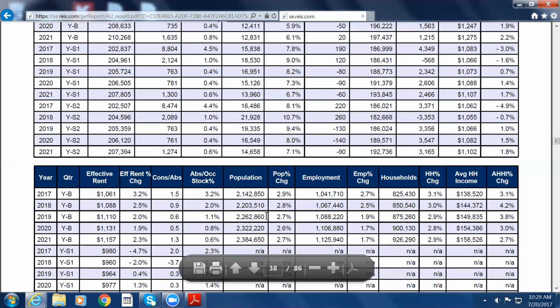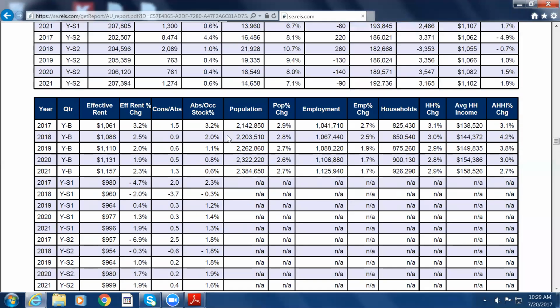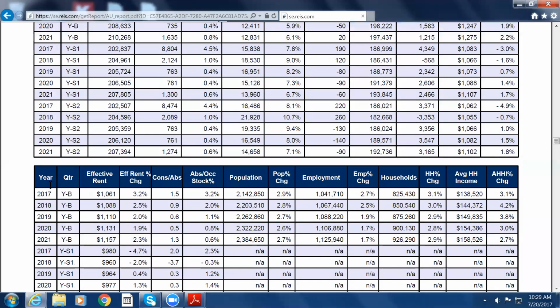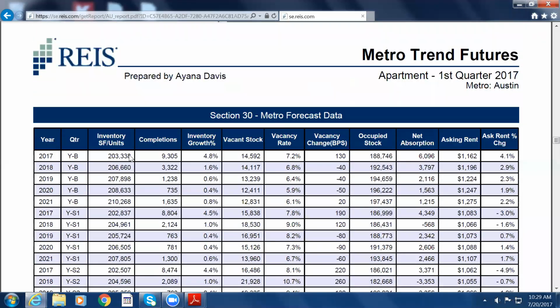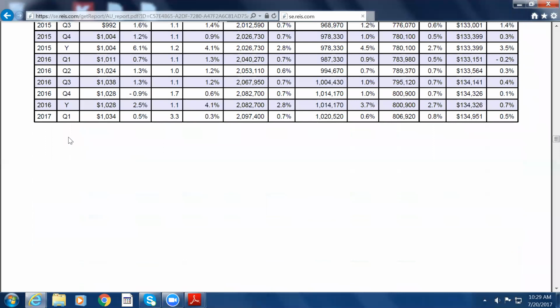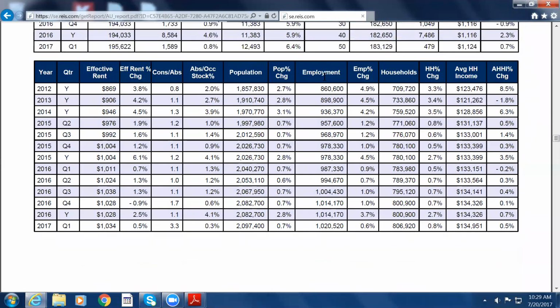This is forecasting. Let's look at our most recent quarter. Okay, so employment, households, average household income, and population. Now, if you're looking at this for office or industrial, the employment will be broken out separately for you.